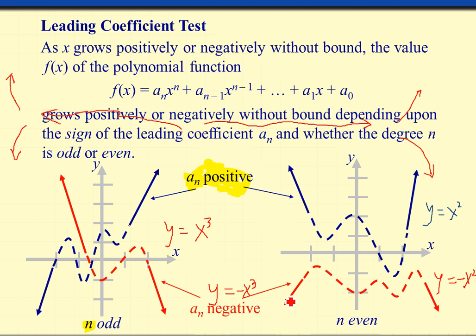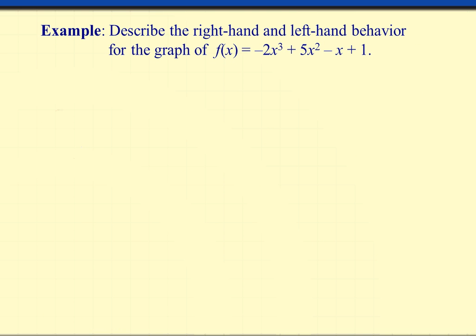In the case of even, they both point down if the leading coefficient is negative. Now, on the other hand, remember y equals x cubed. If the degree is odd and the leading coefficient is positive, then left down, right up. If the degree is odd and the leading coefficient is negative, then left up and right down. That summarizes what we need to know.